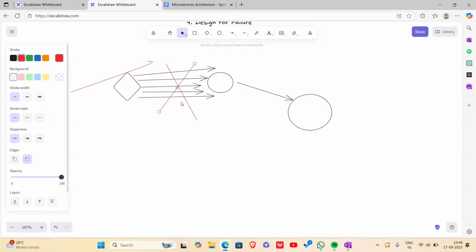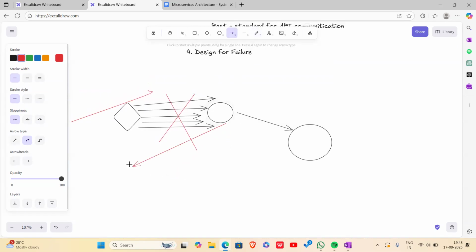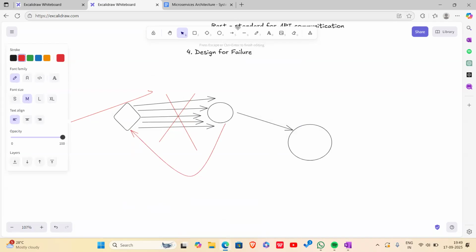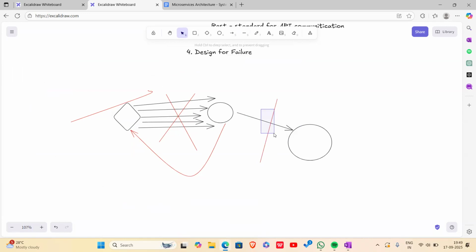If it shuts down, it should say that it can't take any more. Some kind of design failure has happened, so we have to indicate that it has failed. That is what design for failure means. We have to think about what we should do when this failure occurs, or when we hear that something has failed. That is very, very important in microservices.